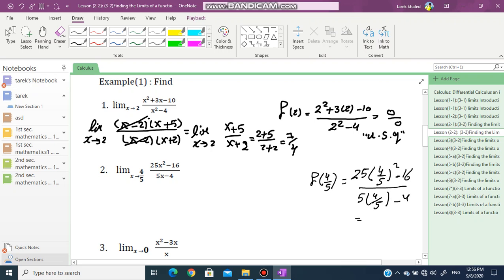The numerator equals 0 and the denominator equals 0, an unspecified quantity.